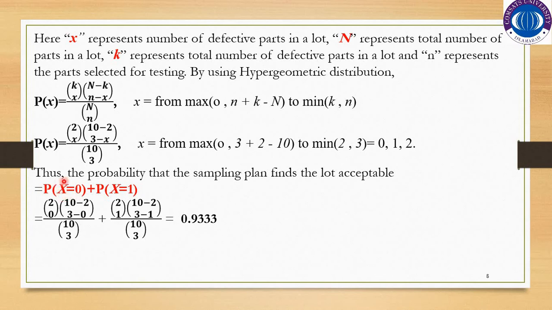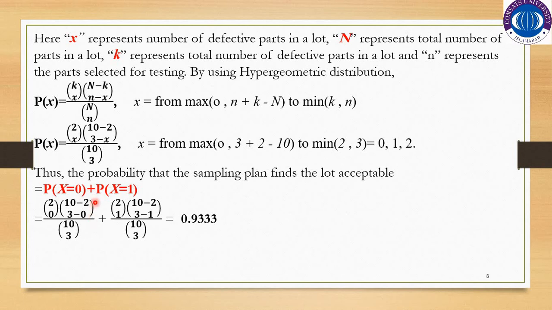As X is related with the number of defective parts, if we put here X equal to 0, it means there are no defective parts in those particular 3 selected parts for the inspection. So this is the probability that there are no defective parts.